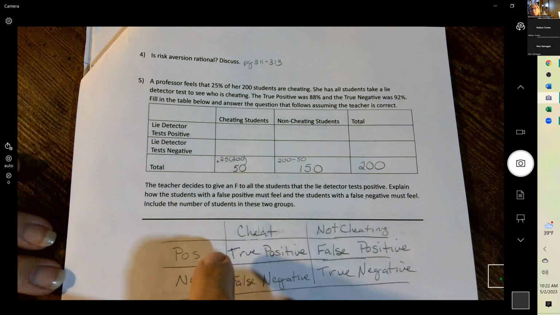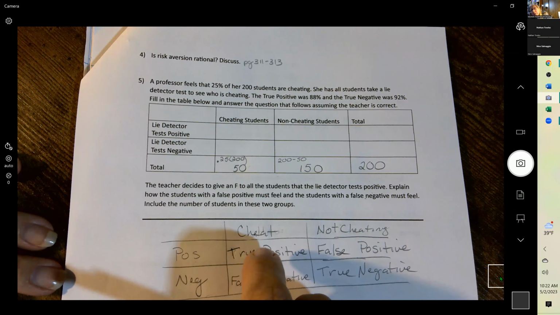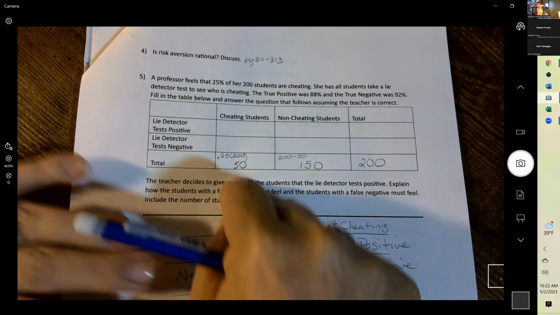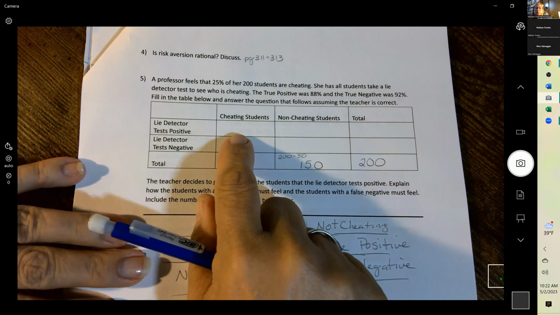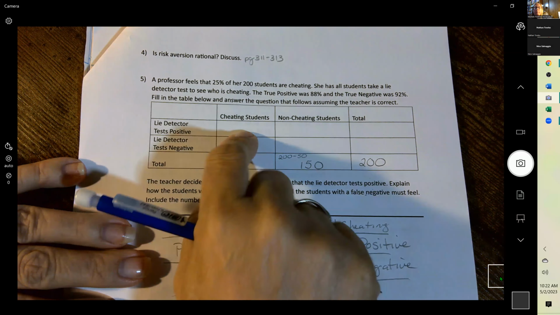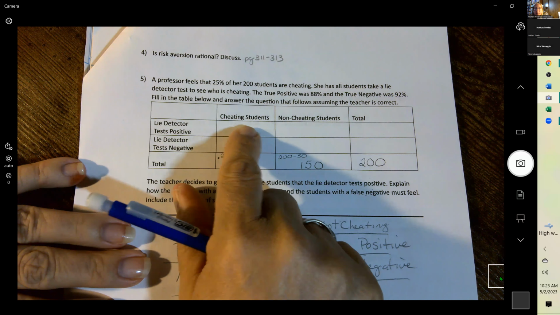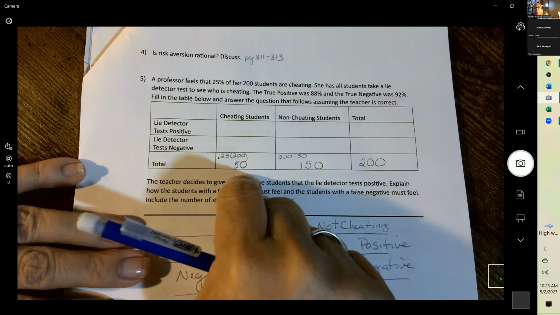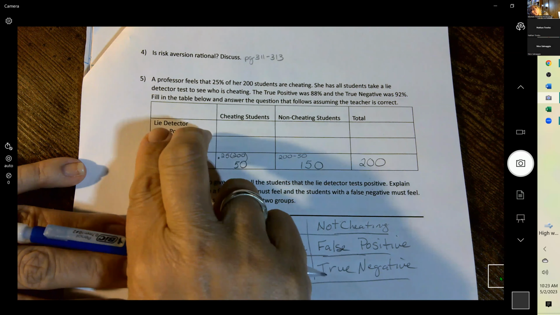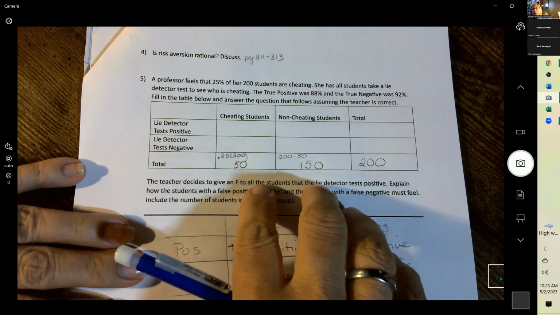Now, when you're given the true positive, false positive, any one of these, the probability or the percent you're given is from the denominator or the bottom value, because like the true positive, that is given they're cheating, what's the probability of testing positive? So it's using the 50. As long as your test always goes across, you will always use the number below it.